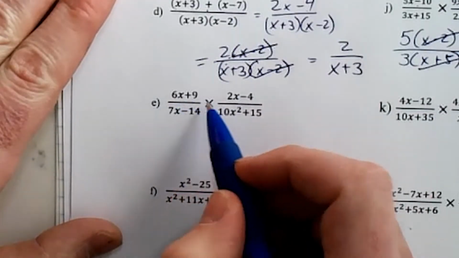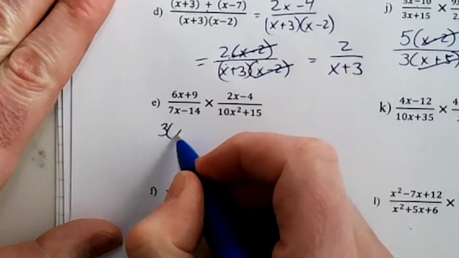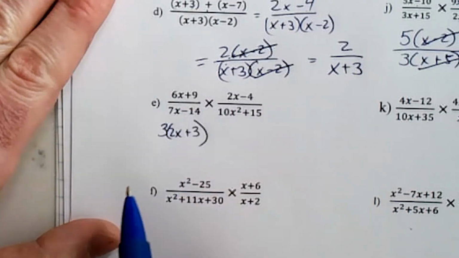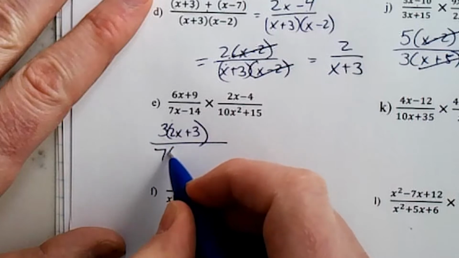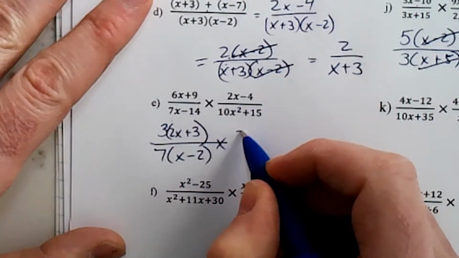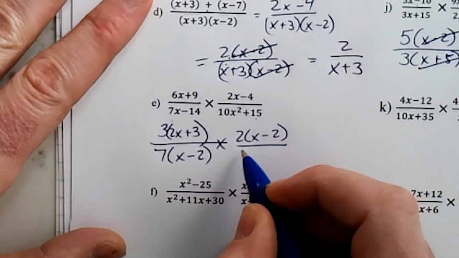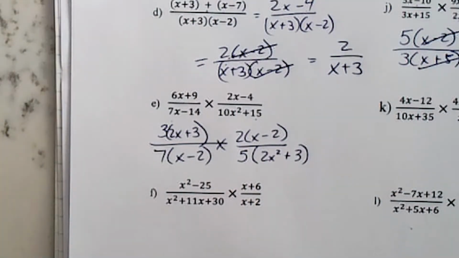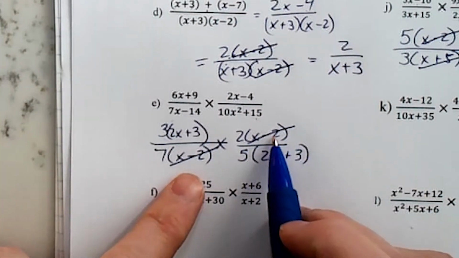So again, doesn't match any other binomial, so I'm going to do GCF. 3 goes into 6 and 9, so I divide both by 3. 7 goes into 14. 2 goes into 2 and 4. 5 goes into... So now we're looking for matching binomials. X minus 2, right there and there.